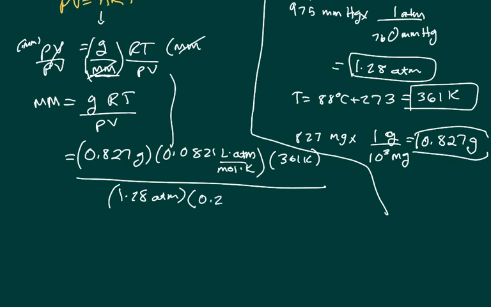Okay, now let's see what cancels out. We have our ATMs cancel, we have our liters cancel, we have our Kelvins cancel, and what are we left with? Grams per mole. Perfect. The molar mass is supposed to be in grams per mole. So let's go ahead and multiply everything out.